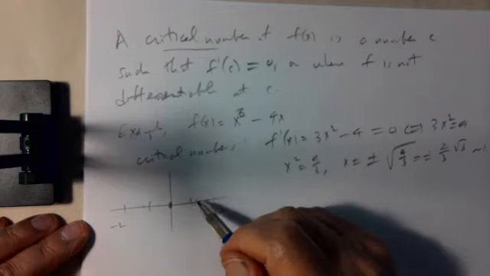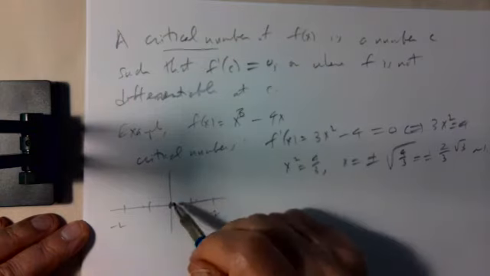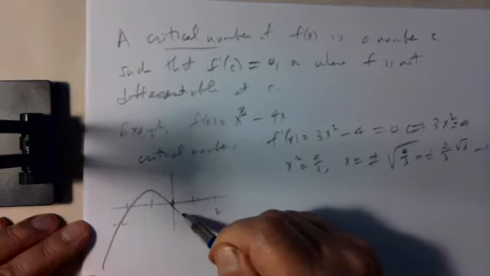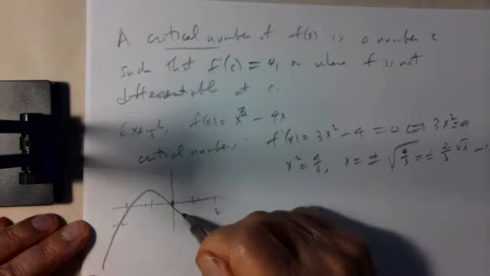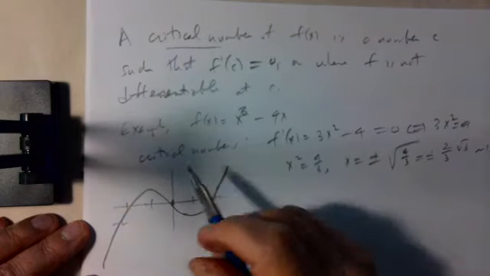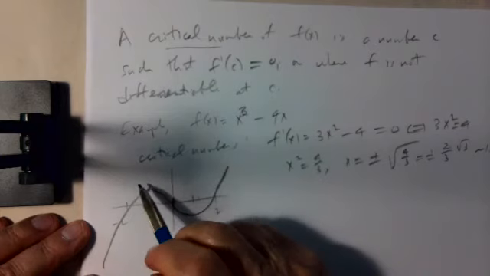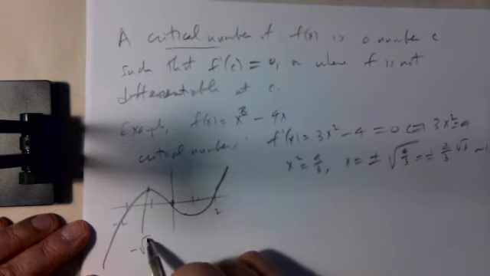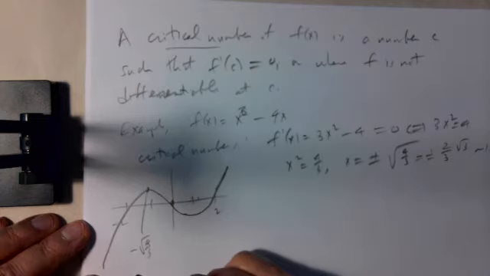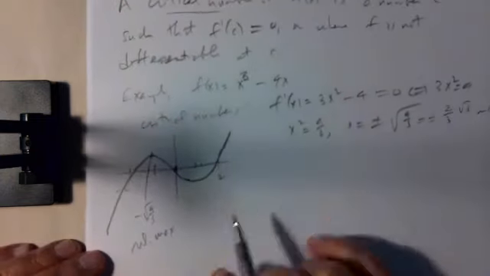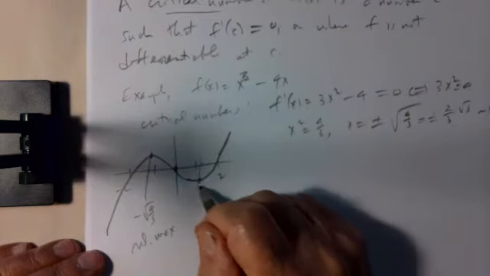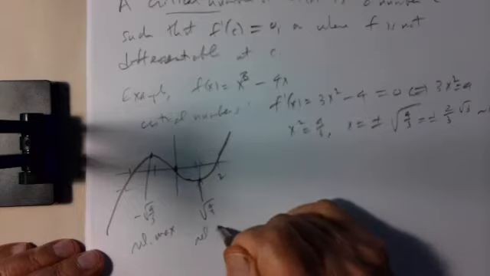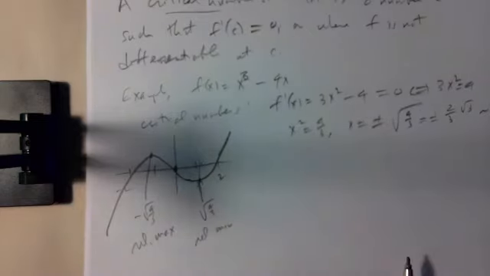And the graph of this function looks like this. Here this is the point minus root 4/3, that's a relative max. This is the point plus root 4 over 3, and that's a relative min.